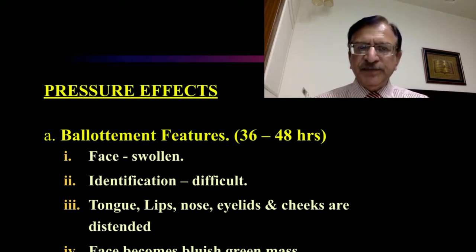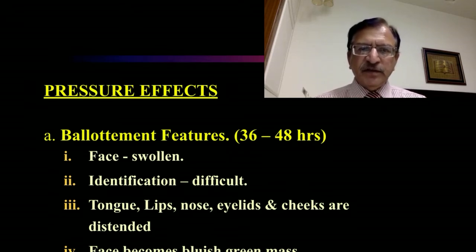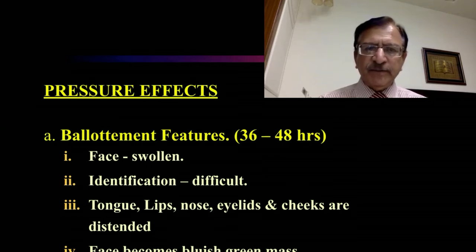The tongue, lips, nose, eyelids, and cheeks are also distended because of the accumulation of the gases. And the face, due to liberation of sulfmethemoglobin, becomes bluish green.